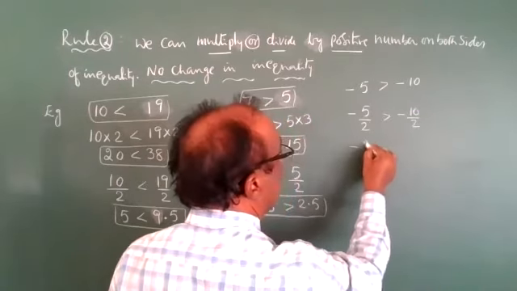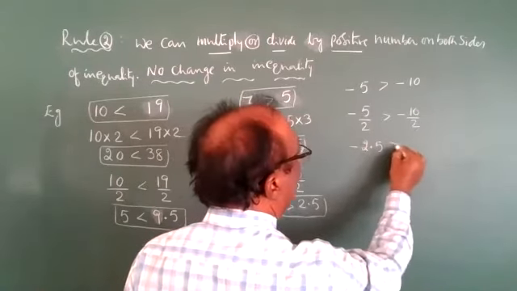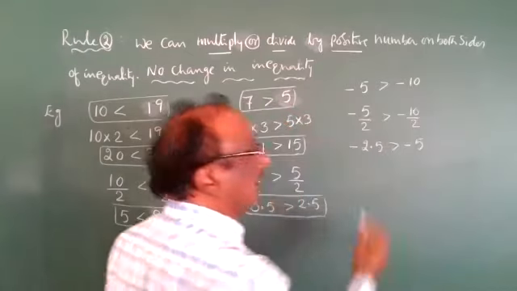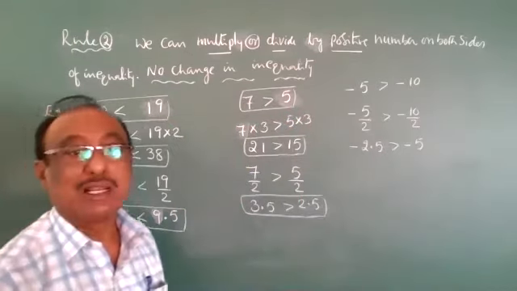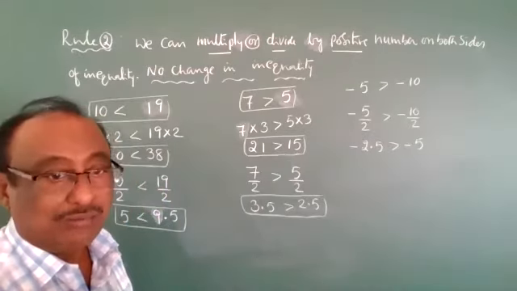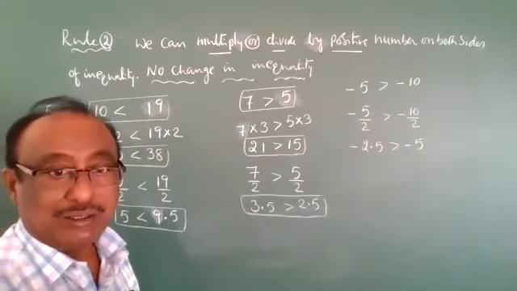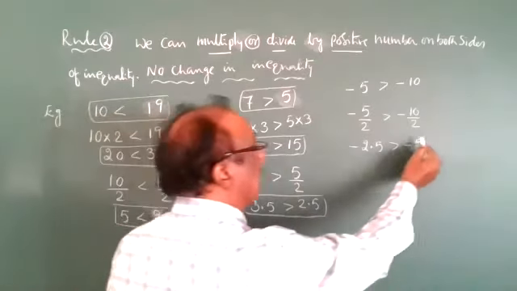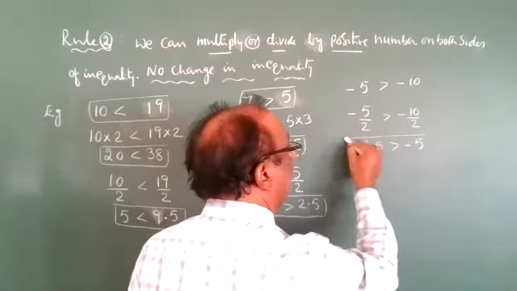So minus 2.5 is greater than minus 5. Okay, na? So the bigger number is greater than the smaller number. So minus 2.5 is greater than minus 5. Is it correct? You can take multiply.